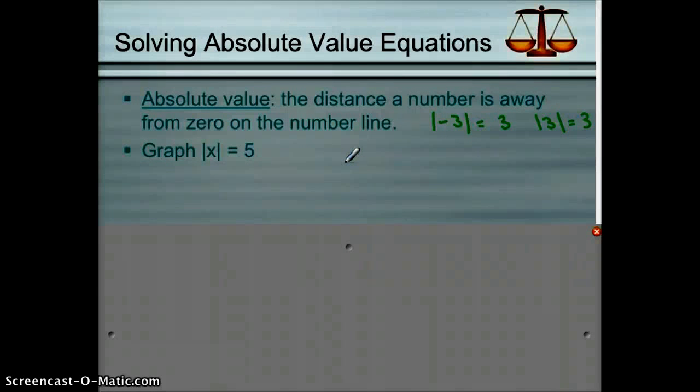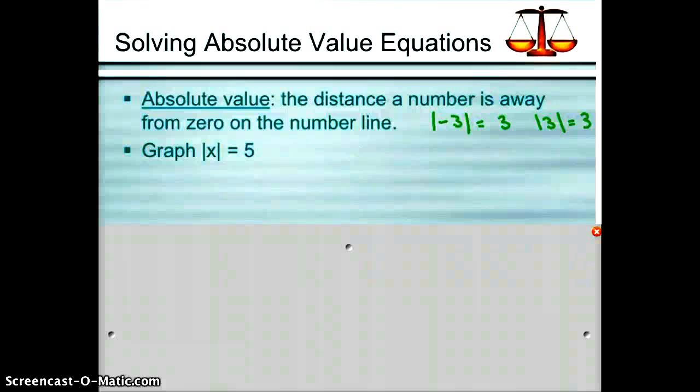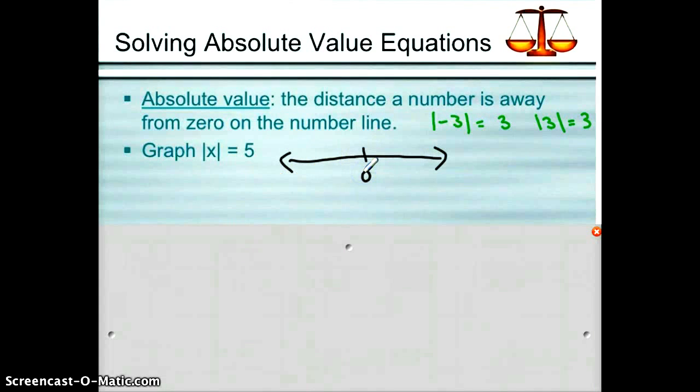And instead of saying like the absolute value of -3, I'm going to say the absolute value of x equals 5. So if I ask you to graph that, what you are trying to say is what is or are all the places on a number line that are 5 spaces away from 0.